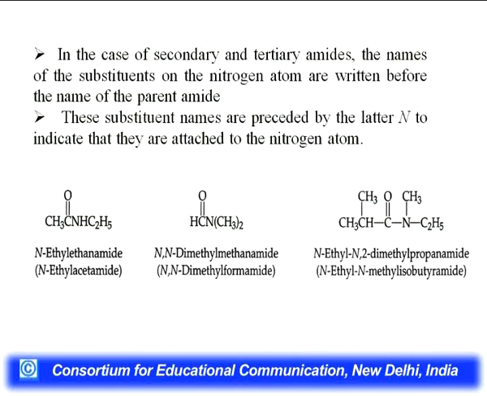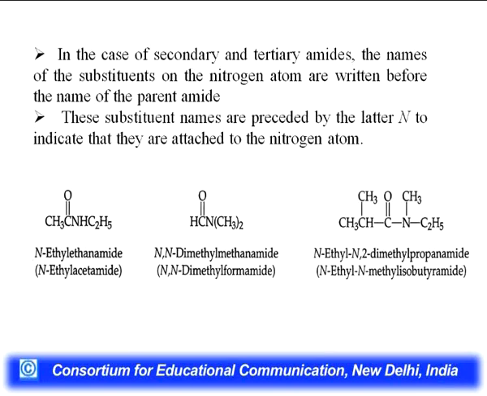In the case of secondary and tertiary amides, the names of the substituents on the nitrogen atom are written before the name of the parent amide. These substituent names are preceded by the letter N, indicating that they are attached to the nitrogen atom. So here are some examples. N-ethyl ethanamide, you can see that the ethyl group is attached to the nitrogen.